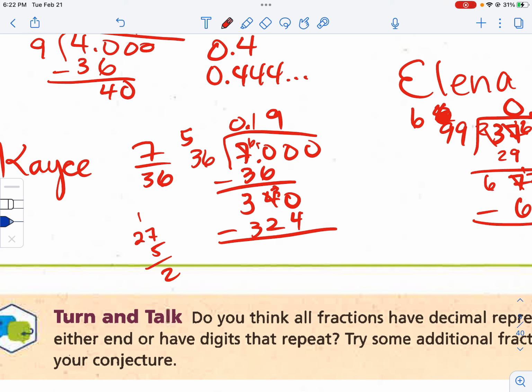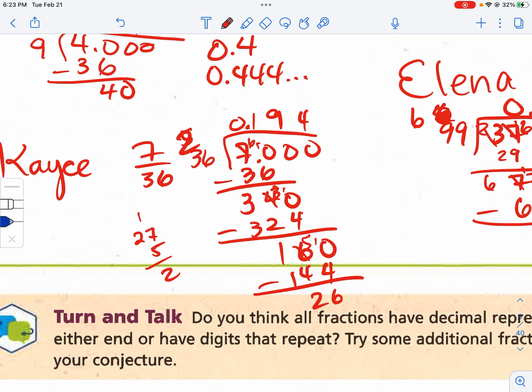And here they go. So that's a 6, that's 16. So that's 160. So 36 goes into 160. 1, 2, 3, 4 times. 4 times. Sorry, everybody. 12, 1. Oh, I should have known that one.